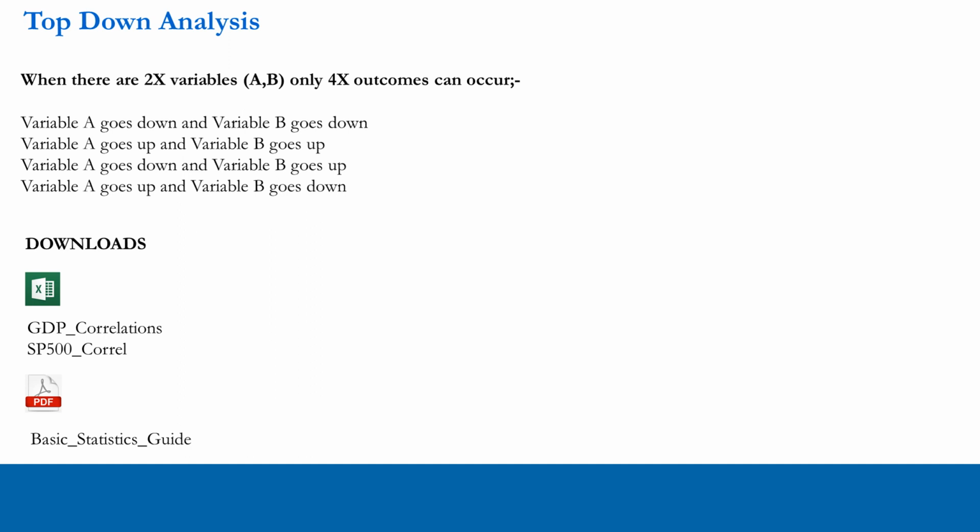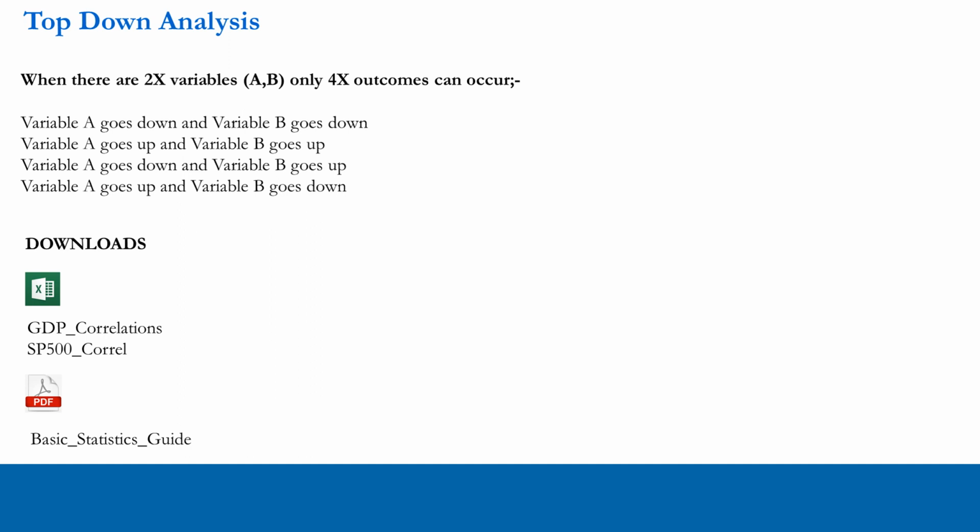But basic definitions, when we have 2 variables, what can the outcomes be? Well, there can only be 4 outcomes, okay? So we have 2 variables, A and B, and there's only 4 outcomes. So what are those outcomes?